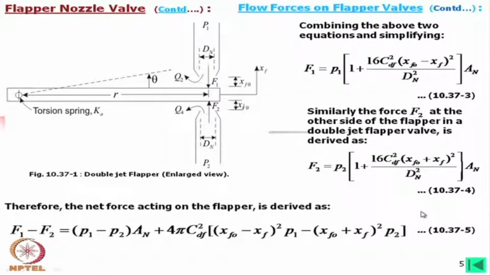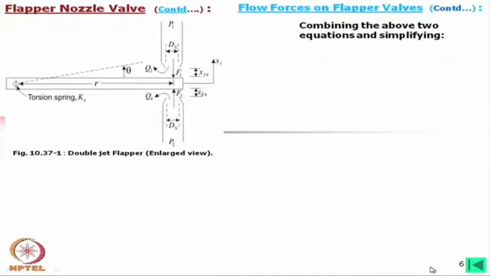Now, then this controlling force, as I told, is the force from both the directions. So, this must be F 1 minus F 2, this might be negative also, because F 2 might be more than F 1, but anyway this can be expressed in this form. Simply we have subtracted this from this one, and this is the final form of the force.